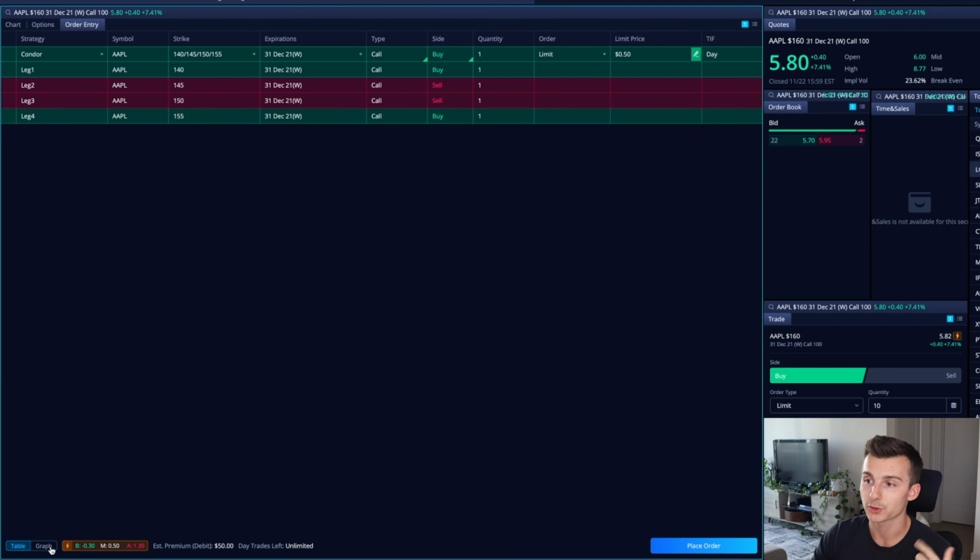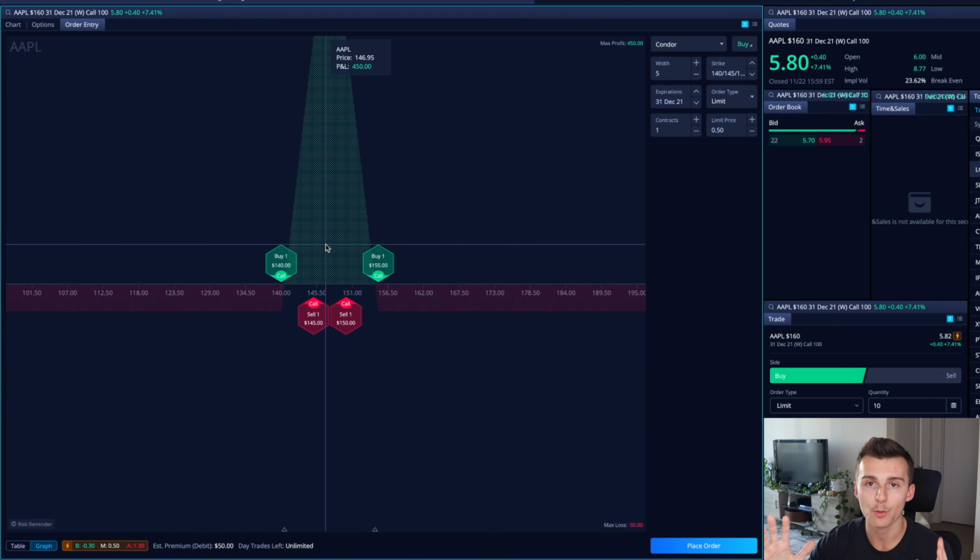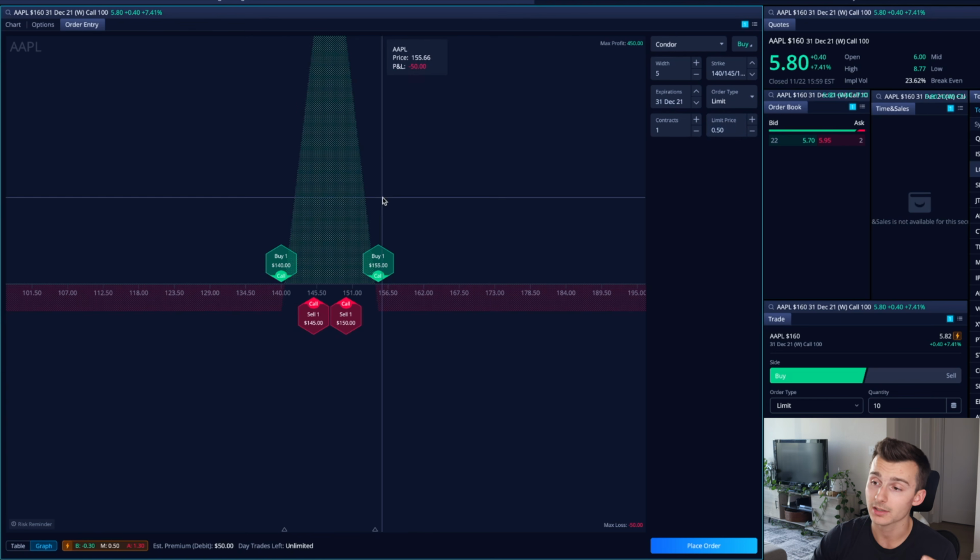Let's go to the graph so we can see this really easy. This is where it's awesome, okay? On the graph now, this is great because we can see exactly where we're going to make money and how we're going to lose money. Right now, on the right-hand side, our limit price that Webull is telling us is 50 cents. It's going to cost us 50 cents to get into this, which means we're going to have to pay out of pocket a net debit, at the bottom right here, of $50.